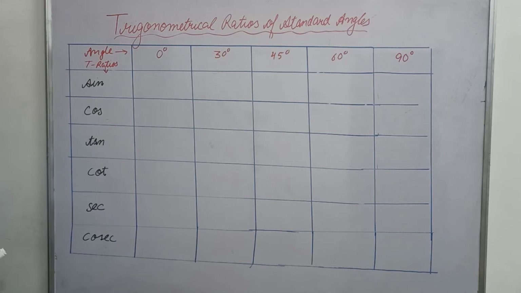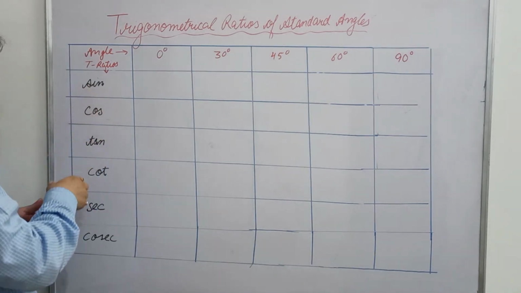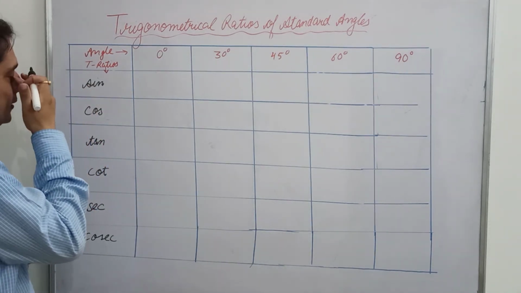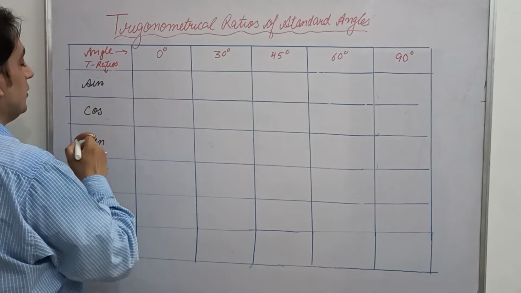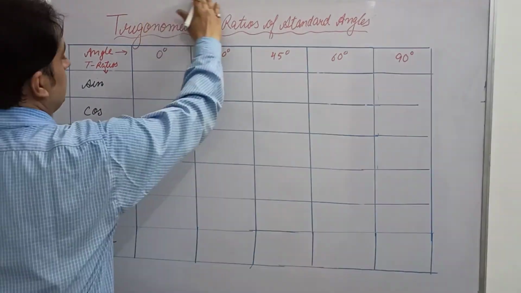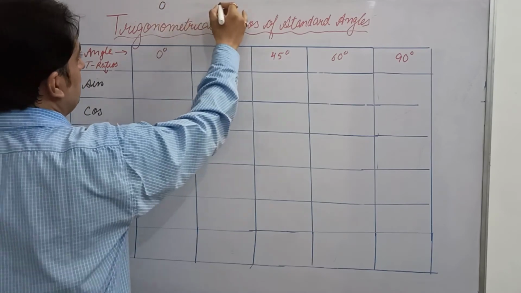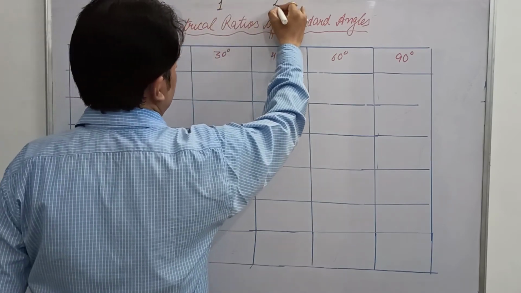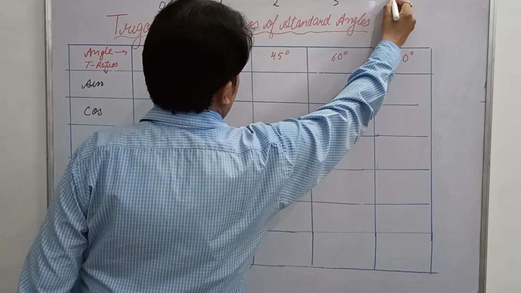So how to remember the values of T ratios that we have found from the triangles that we have seen, and how to make the table very easily? For this you have to write the first 5 whole numbers, so you get 0, 1, 2, 3 and 4.